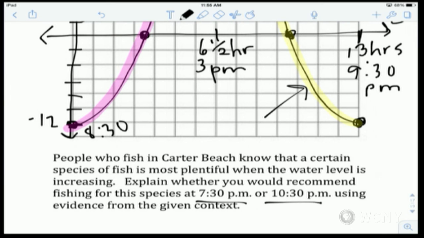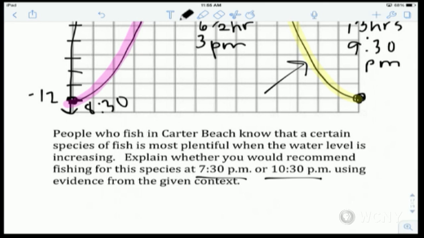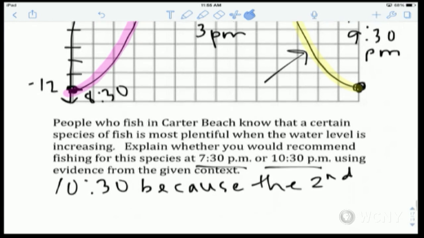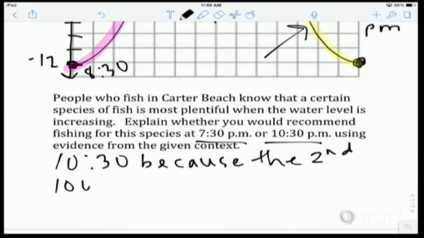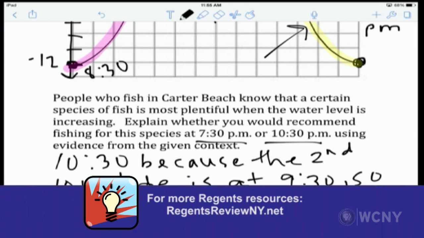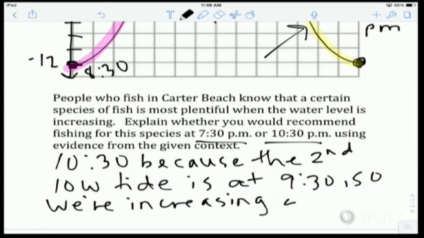So our answer then will be 10:30, and you have to explain using the context, because the second low tide is at 9:30, so we're increasing at 10:30 or something like that.